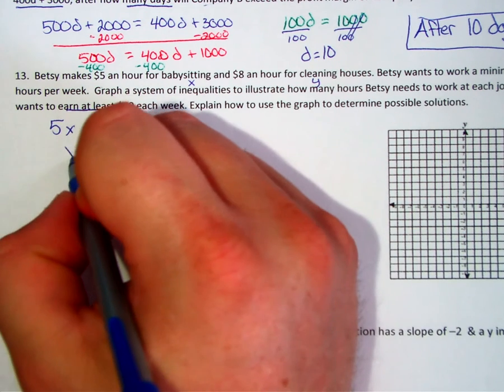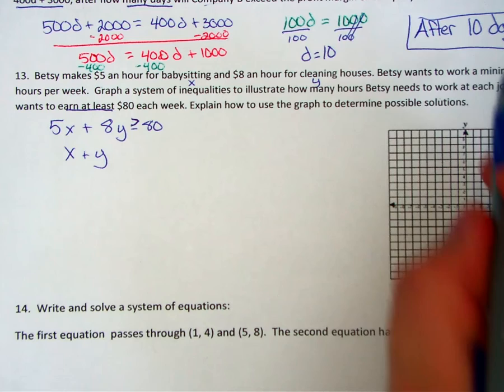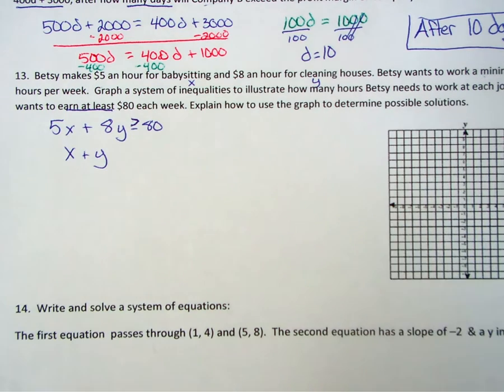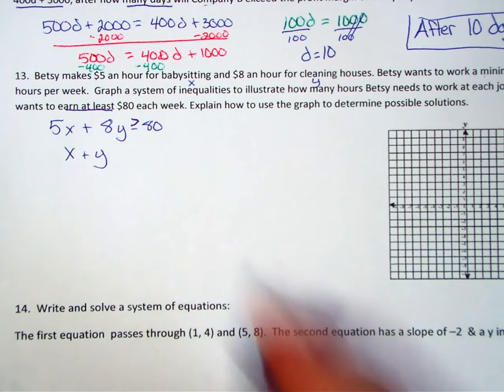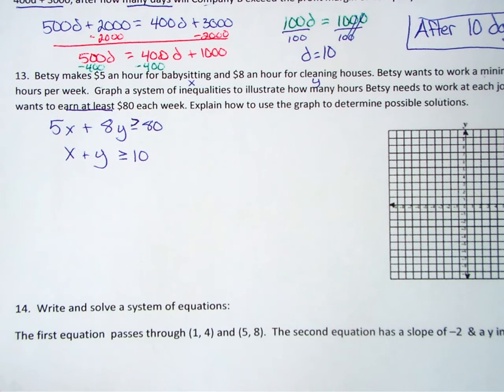Now, X and Y, the number of hours that she's working, must be a minimum of 10. So she wants to work at least 10 hours.